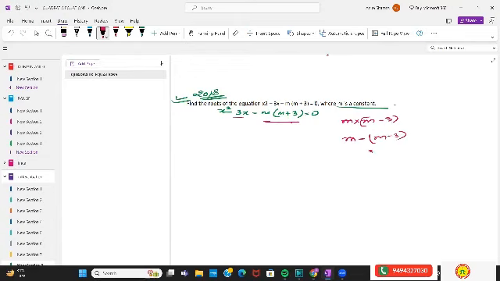Am I correct? So 3 you will get. Tell me, children. So x square, you can write it like this, minus m minus 3, and minus m plus 3 is equal to 0. Clear? Now, ma'am, can you explain it again? Yes, beta.